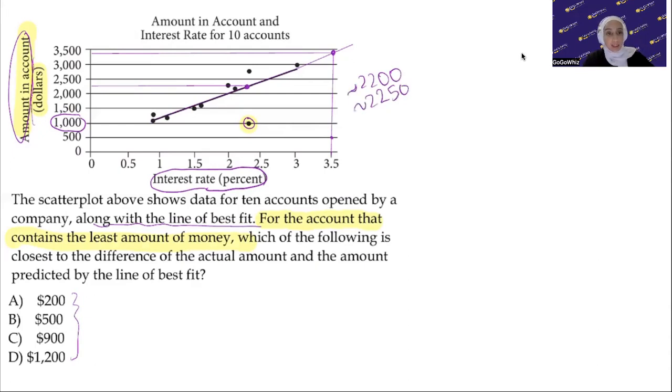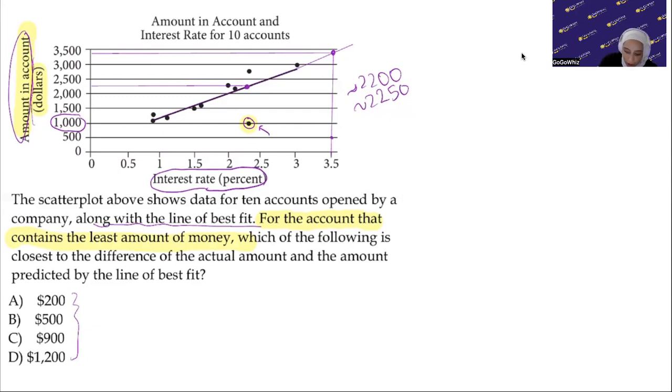It predicts. It's not saying this is what it is. Lines of best fit in scatter plots tell me it should be around this, right? Sometimes we do have outliers like this one, and it's asking for the difference between this outlier, the least amount of dollars in a bank account, and the predicted amount.